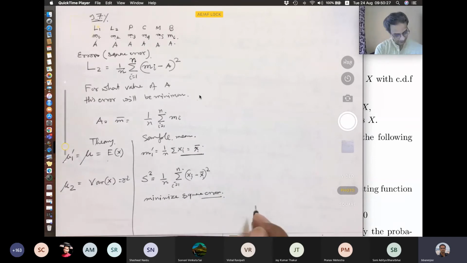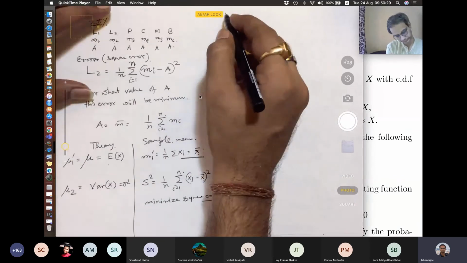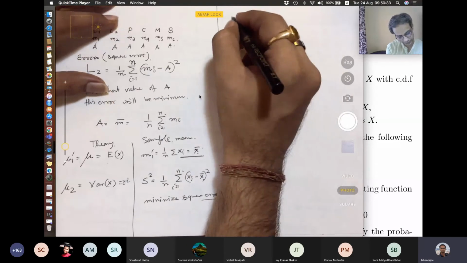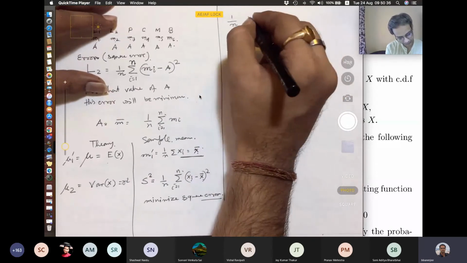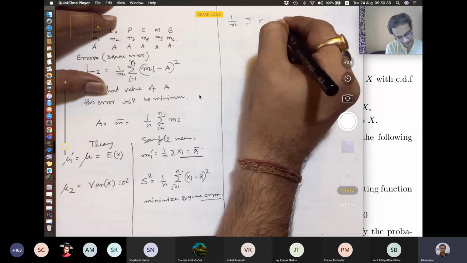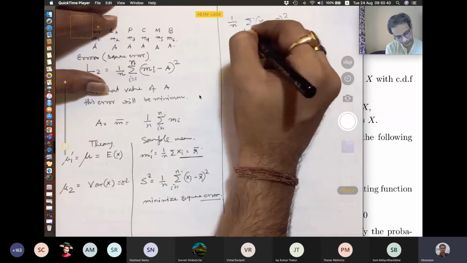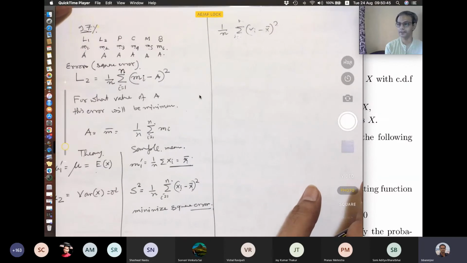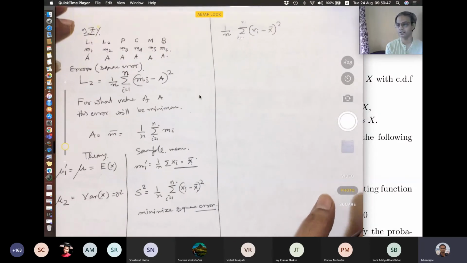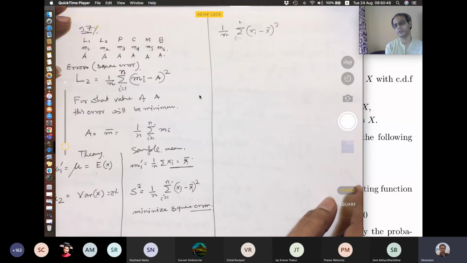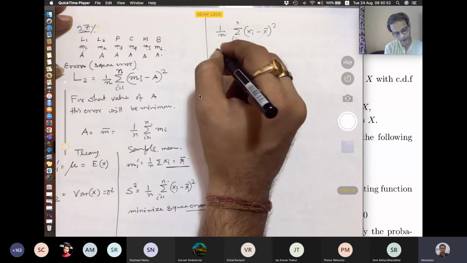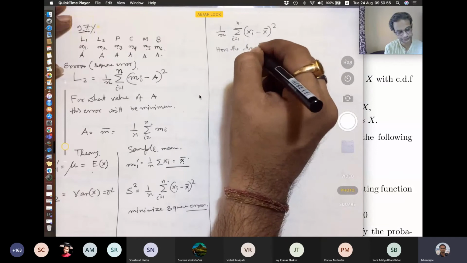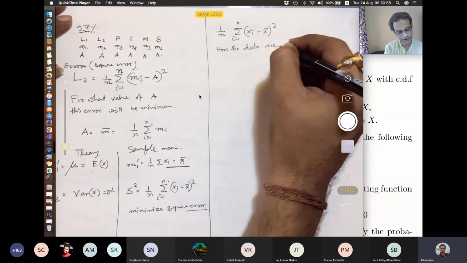So this expression, one upon n sum over xi minus x bar square, says how the data are scattered around the mean.